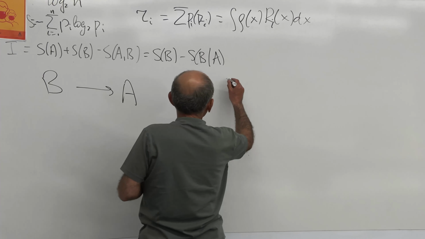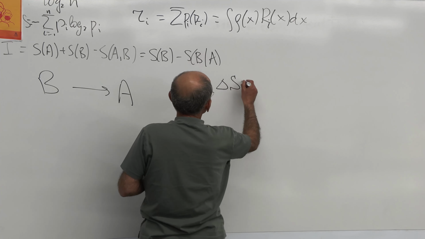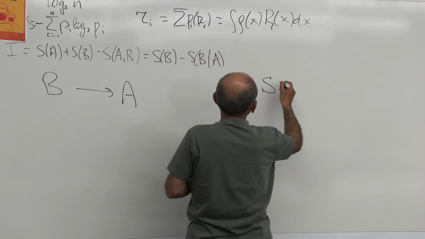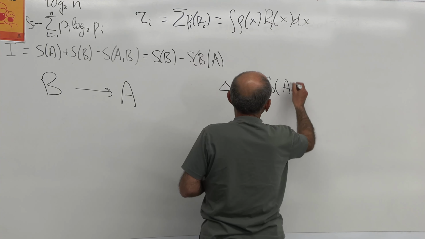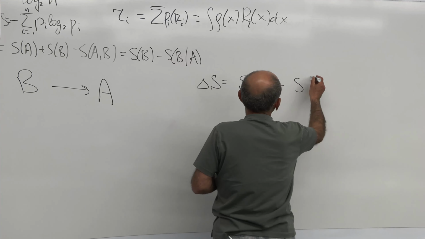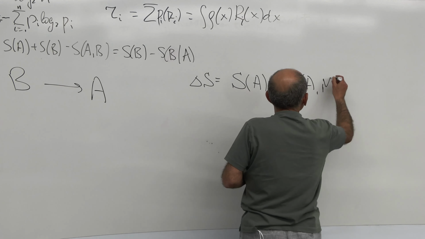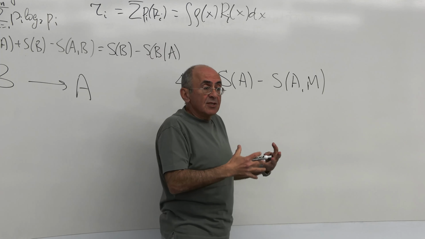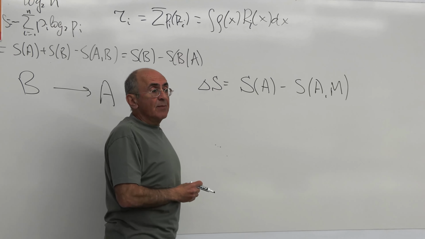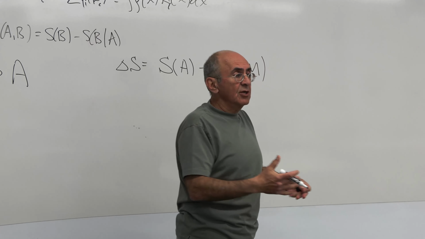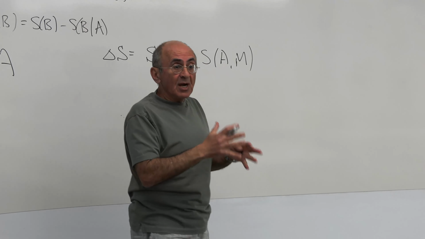And if this change delta S, which could be, say, S of our system, let's call it A, minus that of our system with a measurement device attached, this is now delta S, and what we ended up with, and it will be the beginning of this lecture, and its main subject, is the price of it.